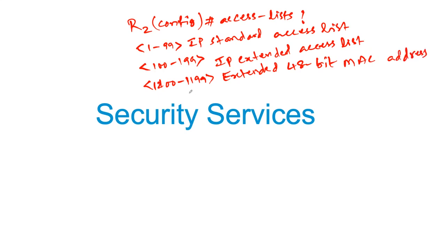So like that, it has the numbered and the named ACL. The ACL numbers from 1 to 99 are the standard ACLs, while the ACL numbers from 100 to 199 are the extended ACLs.